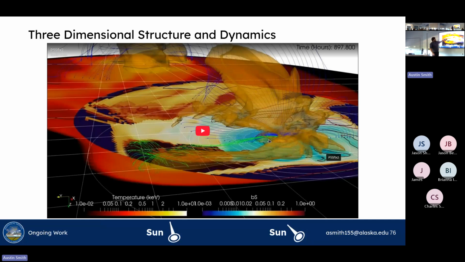And there's contours of temperature at 0.01, 0.1, and 10 keV. The isosurfaces are of 1 keV, so that shows some of the three-dimensional structure in the temperature. And then there's also two sets of field line traces. The blue is coming from right above the northern hemisphere along the dawn-dusk axis.